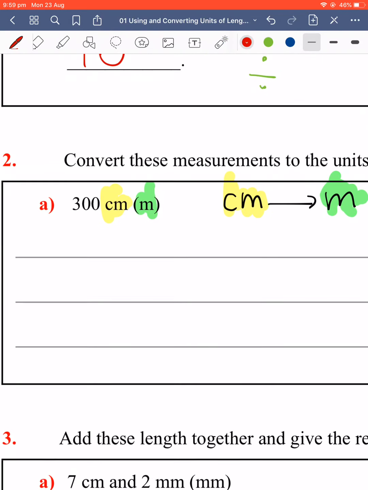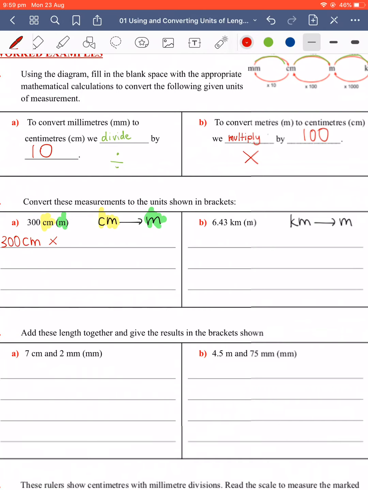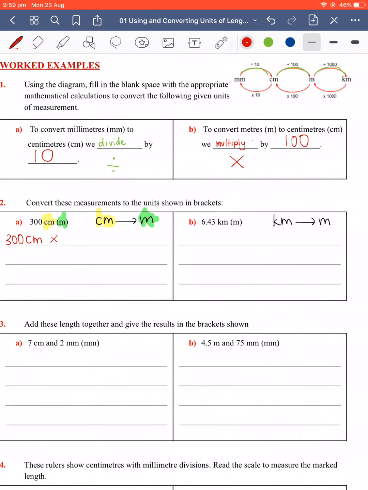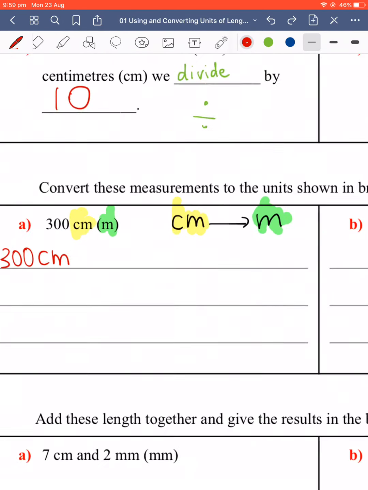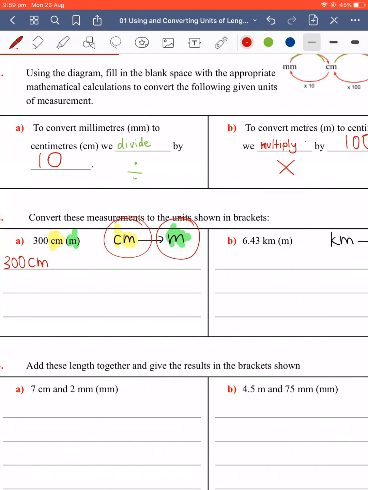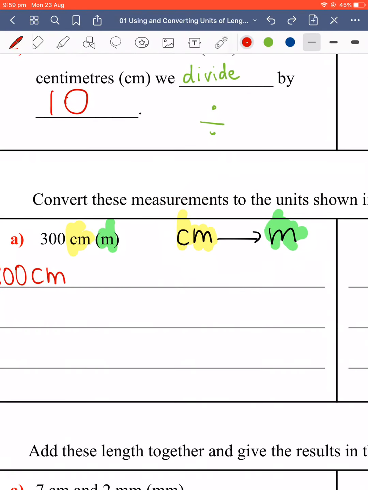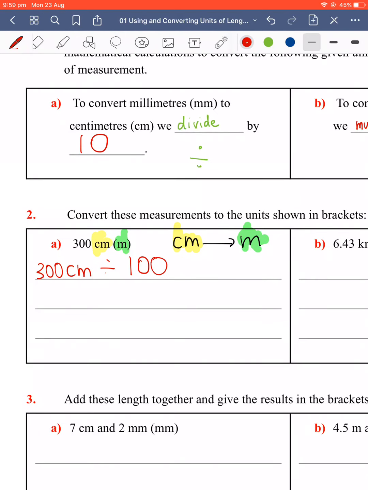I have 300 centimeters, and I'm going from a smaller unit to a larger unit, so I am going to need to divide. I'm going to be dividing by 100. Apologies. So 300 divided by 100 will give me 3 meters.